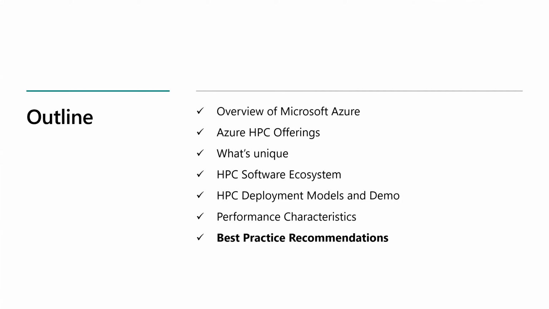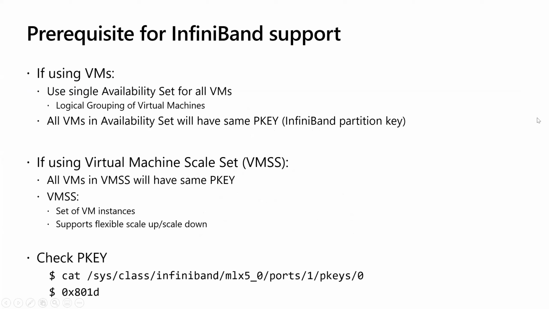When we deployed this, we showed this demo using a virtual machine scale set. One of the prerequisites for IB support is that when you deploy the VMs, or if you're using the VMSS, they have to have the same P key.